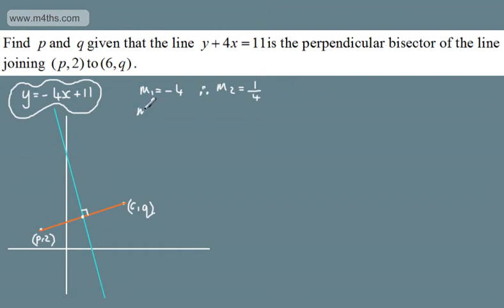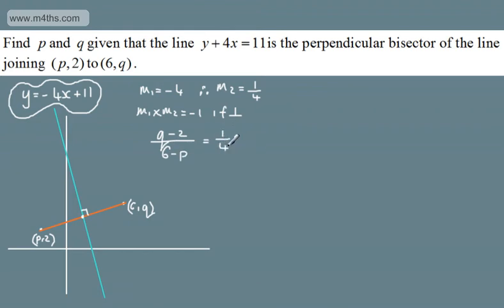We can say M1 multiplied by M2 will be equal to minus 1 if perpendicular. So let's now get the gradient of this line segment in terms of P and Q. We know that it's the change in y over the change in x. So it'll be (q minus 2) over (6 minus p), and that will be equal to 1 over 4.